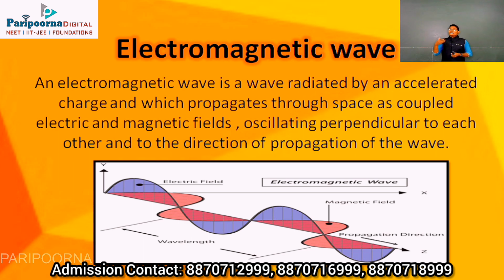It propagates through space as coupled electric and magnetic fields, oscillating perpendicular to each other and to the direction of propagation of the wave. You can observe from the image the wavelength and how the wave propagates, as well as the electric field and the magnetic field.